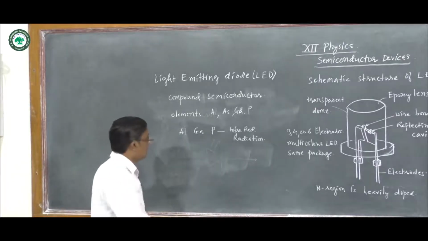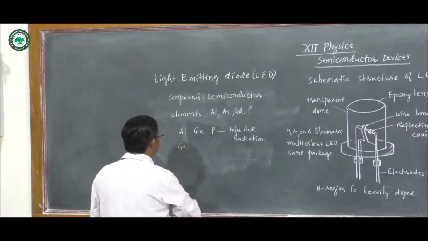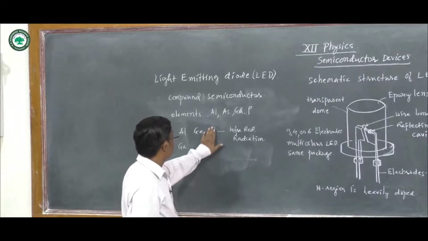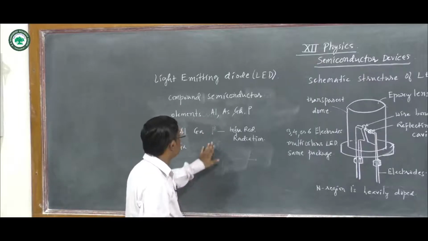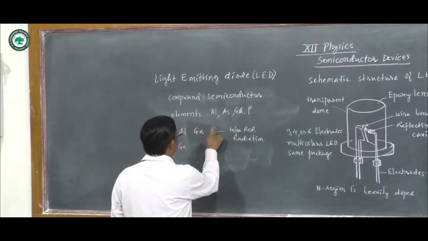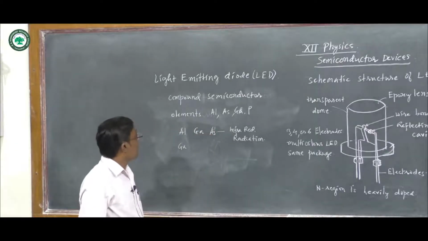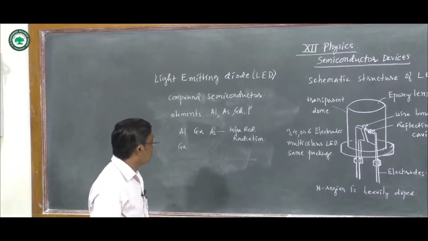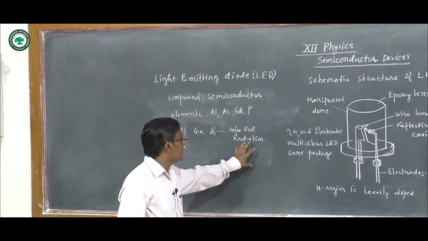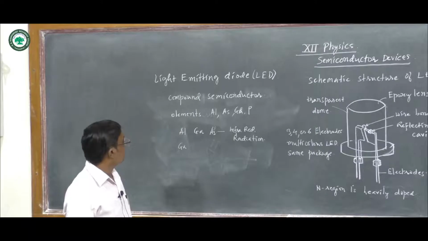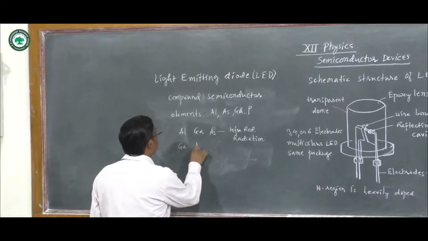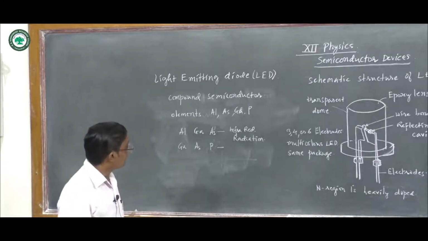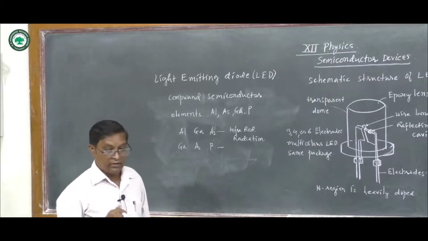When the elements aluminium, gallium and arsenide are used, it emits infrared radiation, and when gallium, arsenic and phosphide are used, it emits red and yellow light.